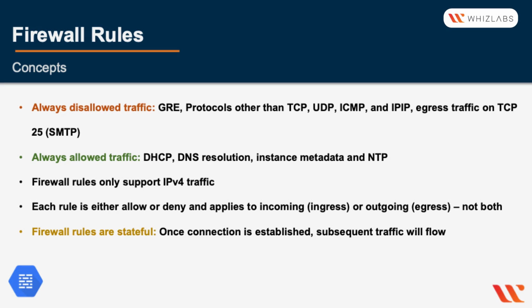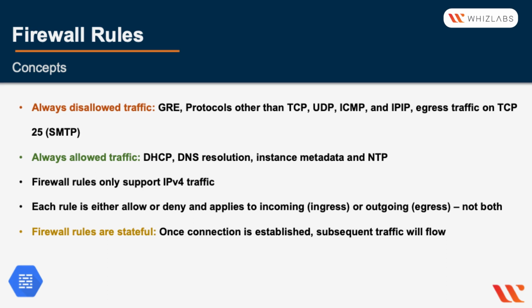And then egress traffic to TCP destination port 25, which is the SMTP email port, is also blocked. This is traffic from instances to an external IP address on the internet, and instances to external IP addresses of the instances itself.